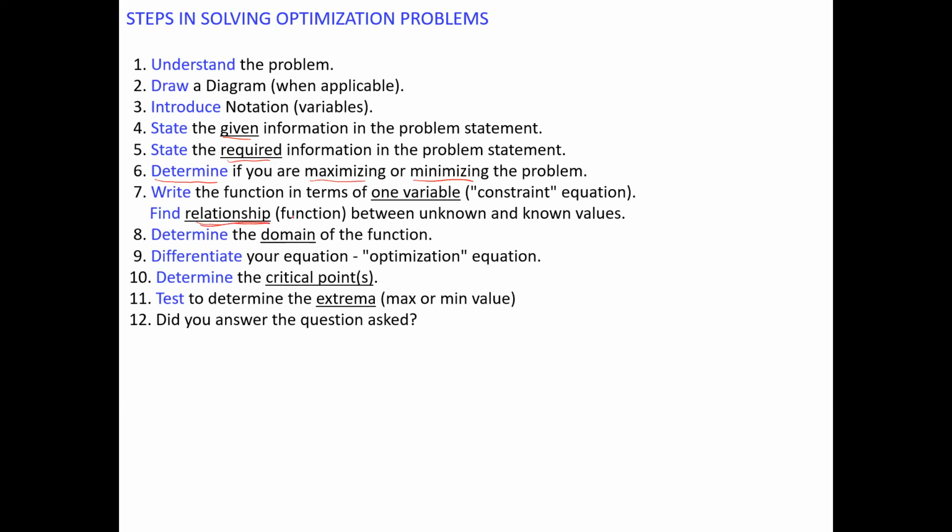Find the function, find the relation between the given and required information, state the domain. If we have the function, we have the domain, and we know whether we're looking for minimum or maximum, we will try to find critical points.